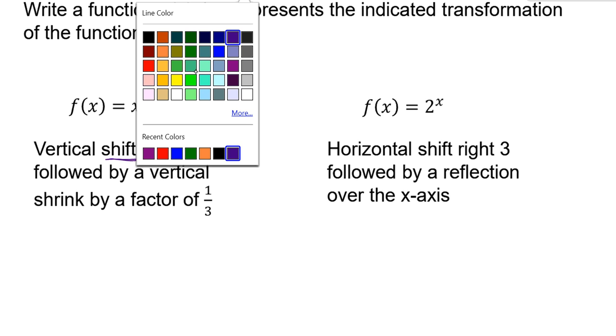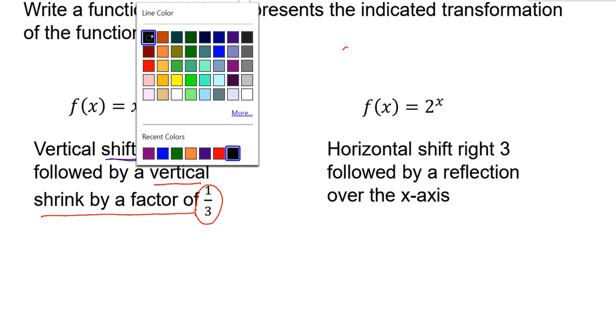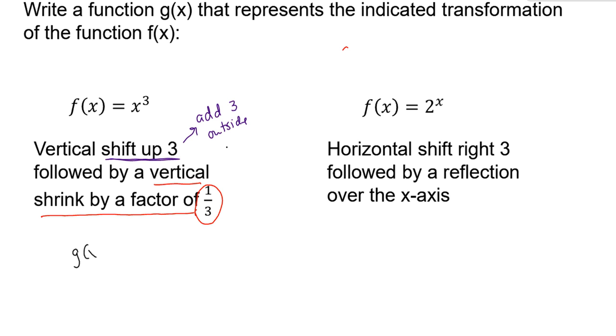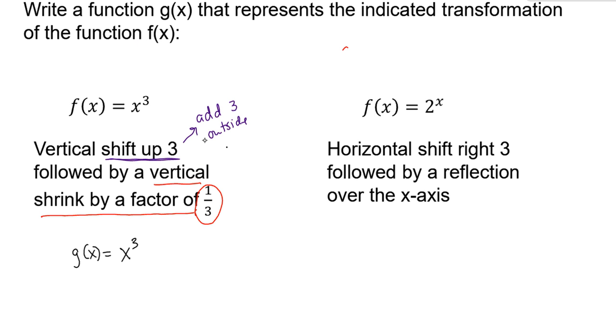And then we're also going to do a vertical shrink by a factor of 1/3. All right, let's start with that first one, nice and easy. Here's my new function, g of x, starts out with the parent, and then along comes this transformation that says, oh, I'm going to shift you up, so I'm going to add 3 outside. There you go, added 3 onto the end.